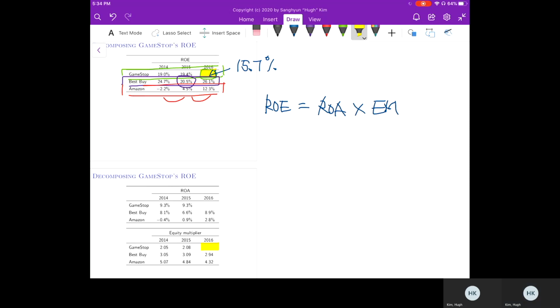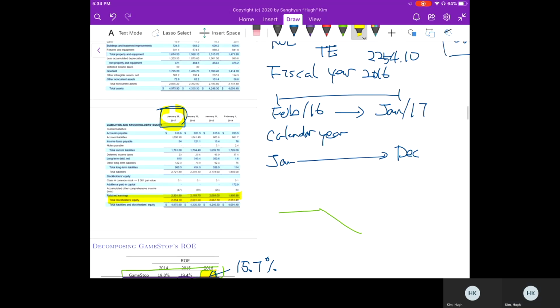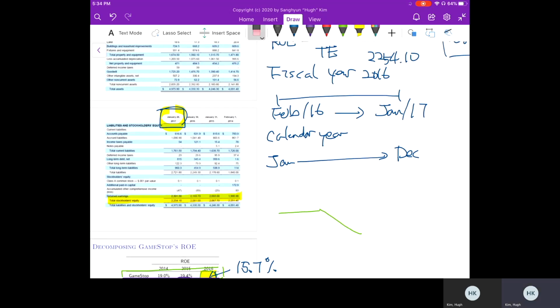Okay, we need to look at the balance sheet here. The equity multiplier is defined as total asset over total equity.